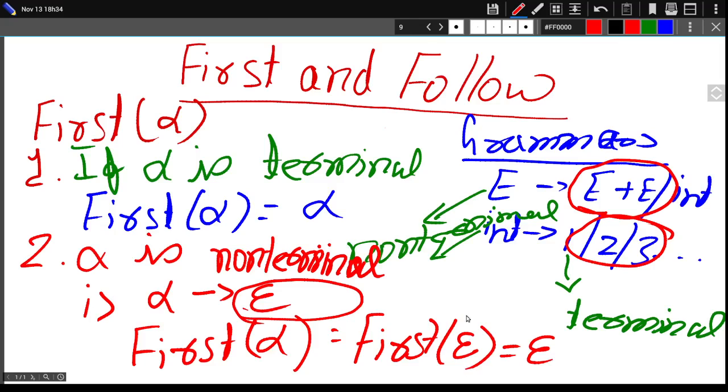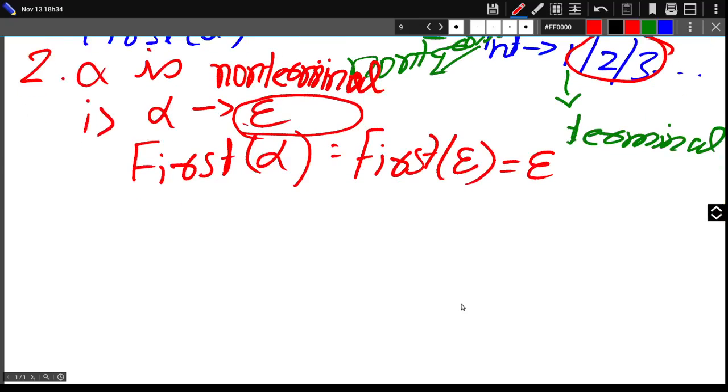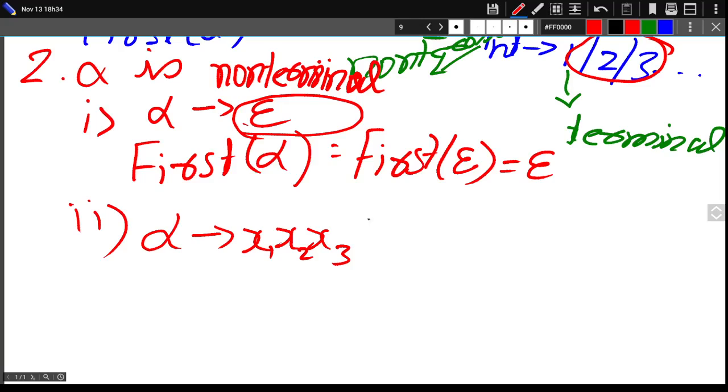Now if we are thinking about second, okay, one more thing can be, if at all this alpha derives something, suppose it derives x1, x2, x3, okay. At the same time, if at all we try to find the first of alpha, it will be first of x1, x2, x3, isn't it?